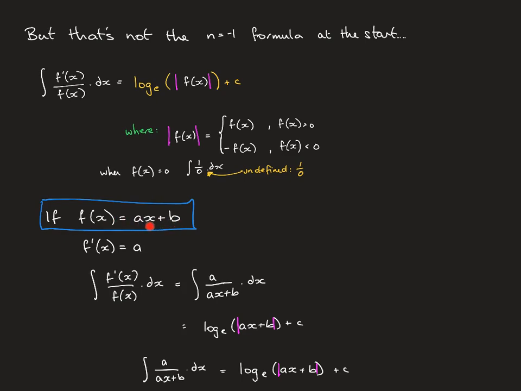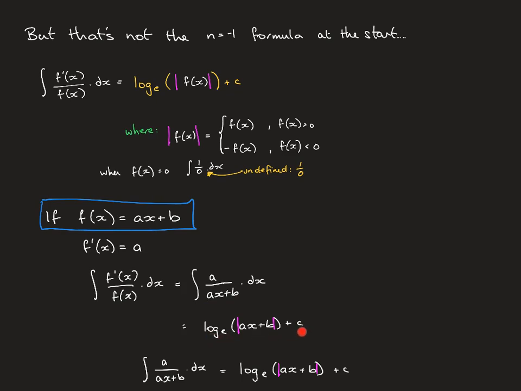So if f of x is ax plus b, then our derivative of that is just a. And so our formula, where we've got the integral of the derivative over its original function, becomes the integral of a over ax plus b. And that is going to give us that, okay, straight up.